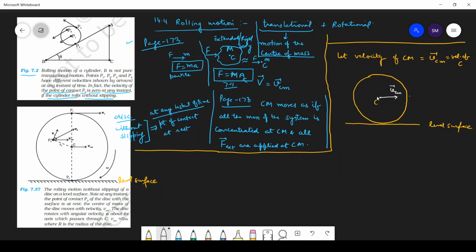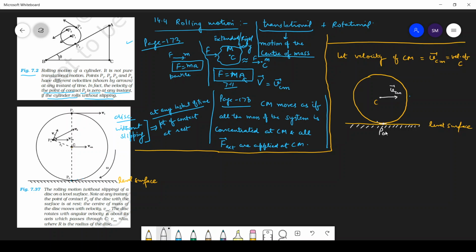Thus the velocity at any point of the disk. We have taken different points: this point is touching, of course, this surface. So this point is P0. This is your surface.